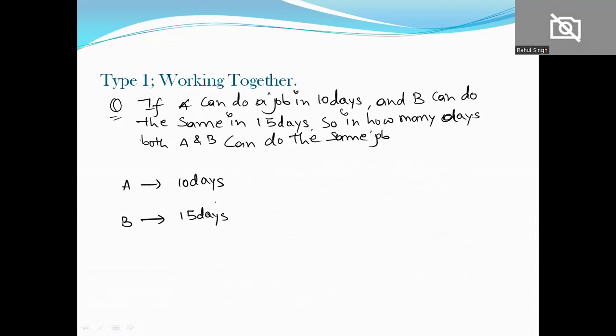We don't know how much work they are doing, so let's assume the job is a number that should be a multiple of both 10 and 15. There are infinite numbers you can take, but ideally you should take the smallest number, which is the LCM of 10 and 15. The LCM of 10 and 15 is 30 units. Let's say they are doing 30 units of work.